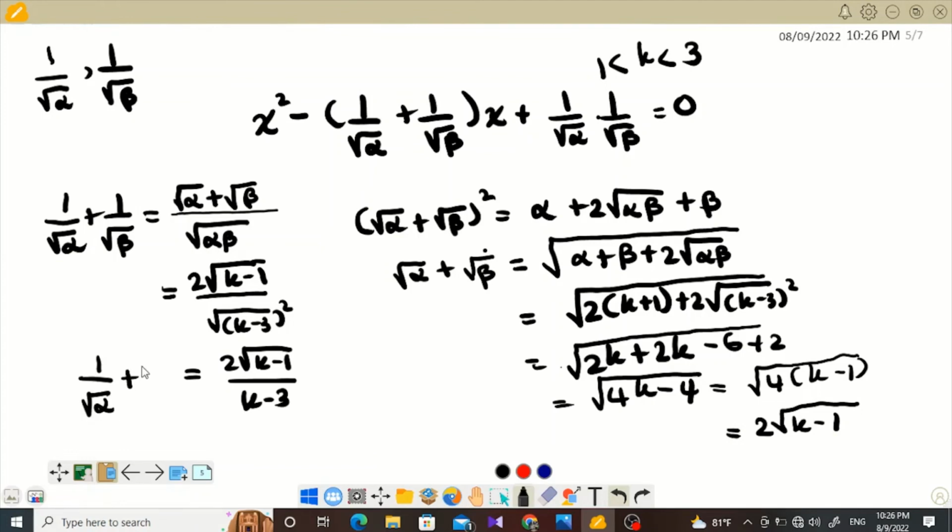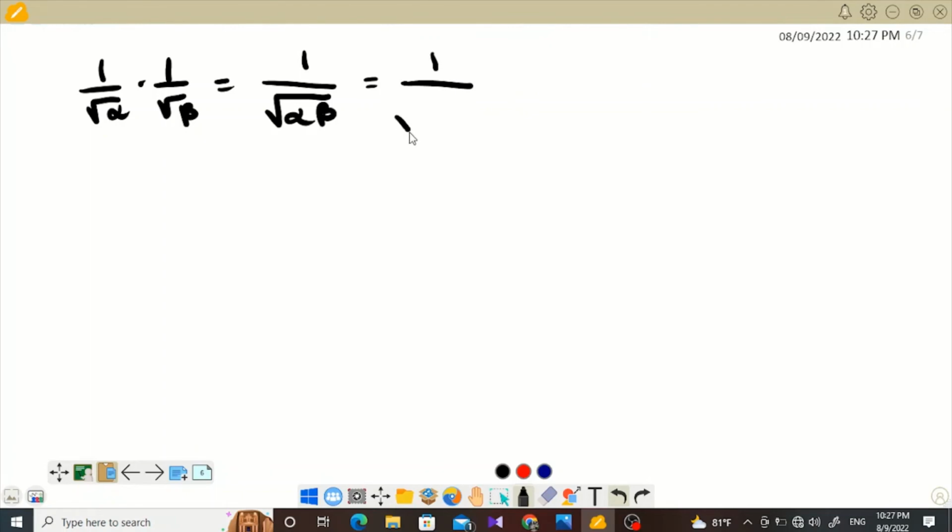Next I am going to find the product of the roots. The product is 1 over root alpha into 1 over root beta, equals 1 over root alpha beta, which gives us 1 over the square root of k minus 3 squared. Then I get the product of the roots as 1 over k minus 3.